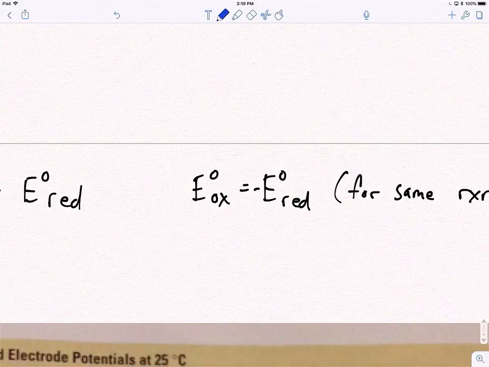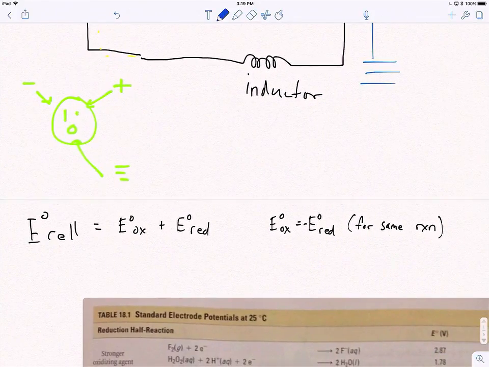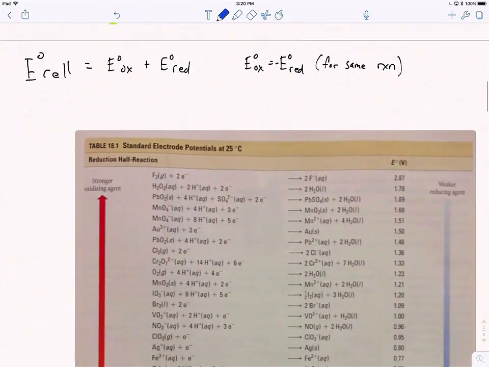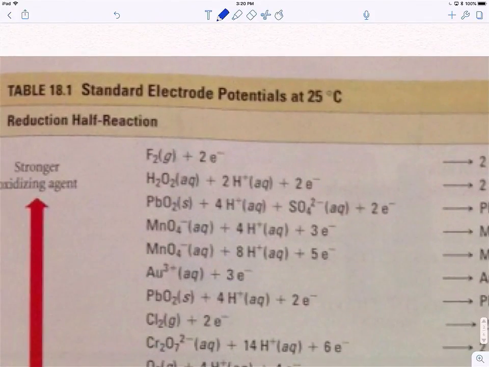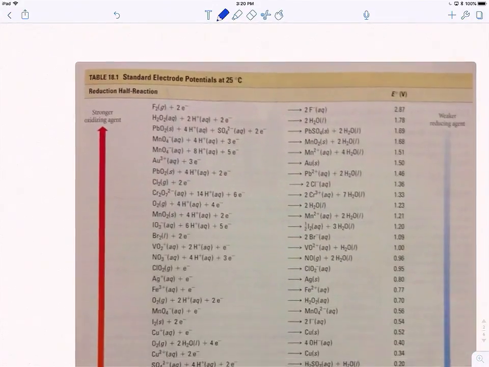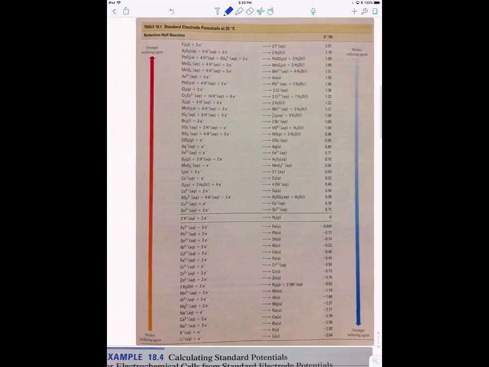We can also relate that the standard potential for oxidation is the opposite of the standard potential for reduction. So what we've done is that we have tables here. These are the standard electrode potentials at 25 degrees, the standard temperature. We have a whole chart here, and this is a smaller chart. There are bigger charts if you want.